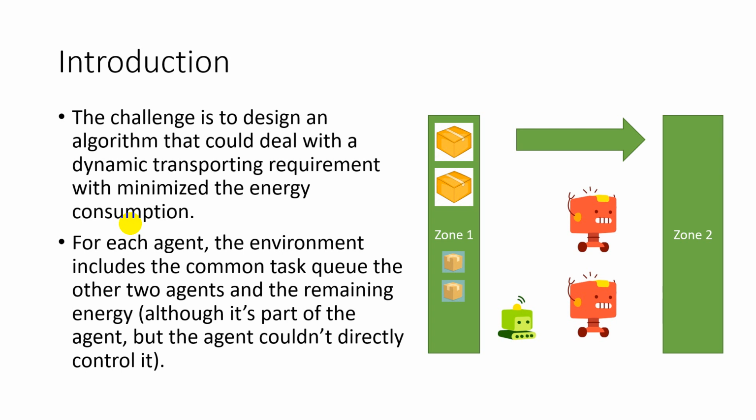For each agent, here the robots, the environment includes the common task queue from zone 1, and the other agents. For example, for the small robot, the environment is the queue from zone 1, and the other 2 large robots are also part of the environment.